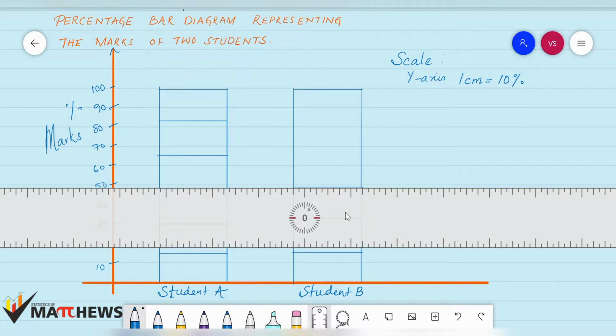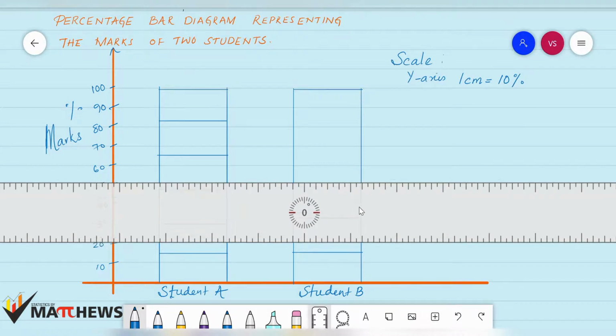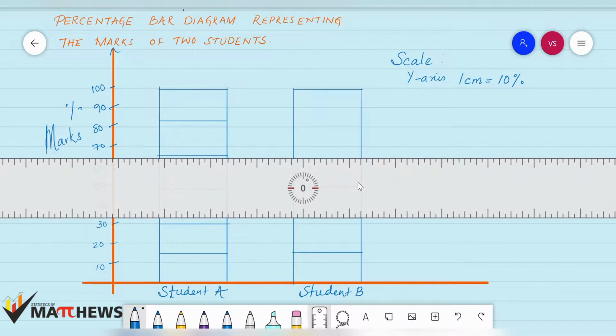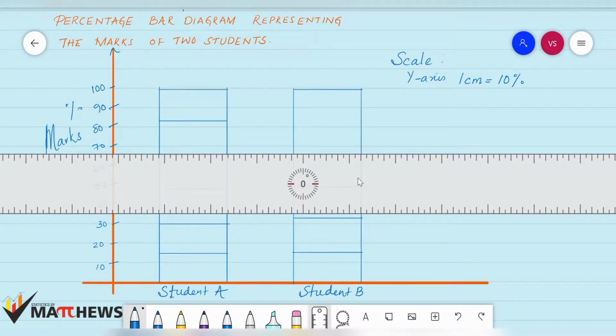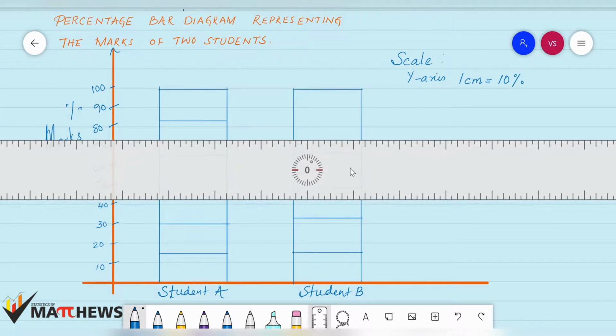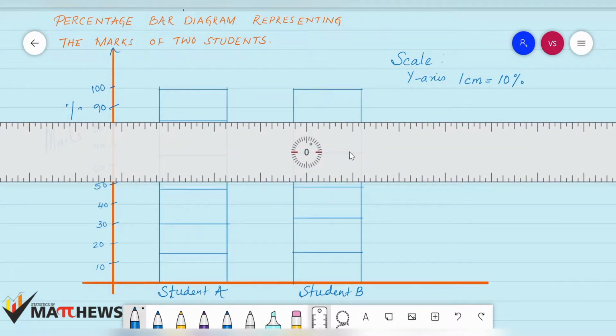For 49, if I add 17 more, the total becomes 66. And for 66, if I add 16, I'll be getting 82. And the remaining would be 100 as it is.